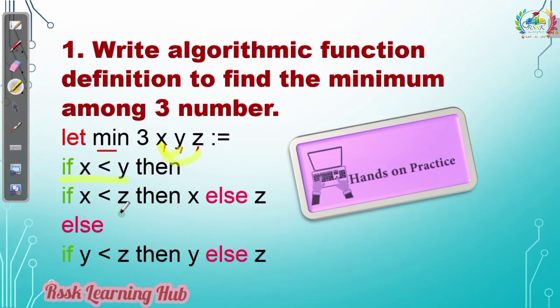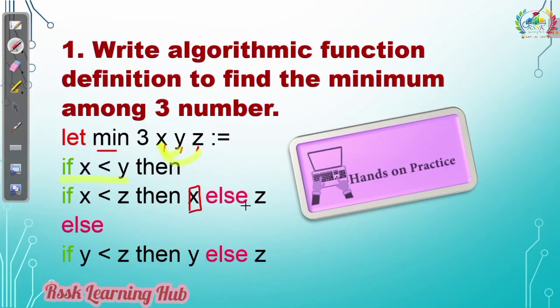Same strategy. Now see this one. First condition is what? If x is less than y, then if x is less than z, then x. Then you are going to print the output as x. That means x is the minimum number.